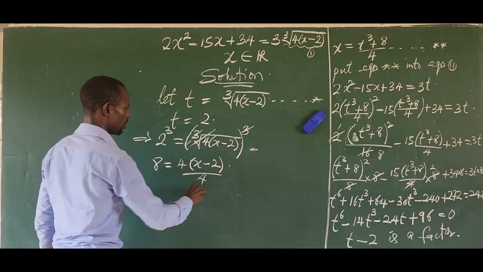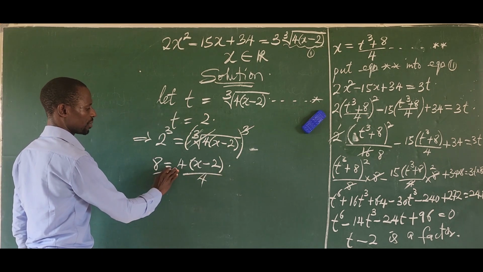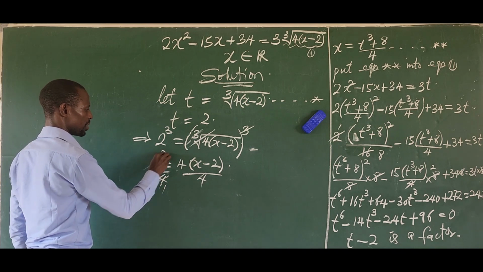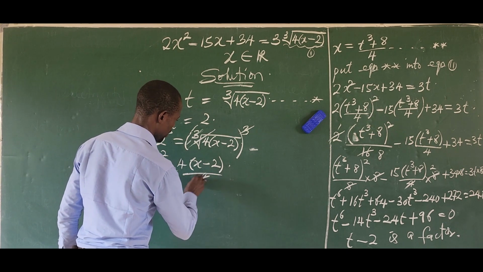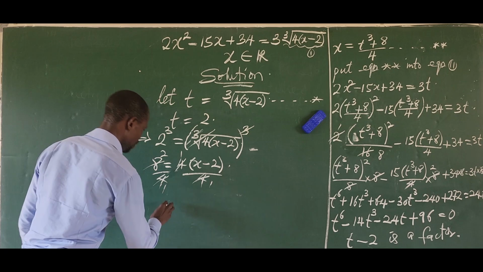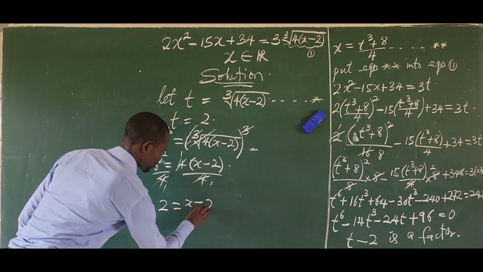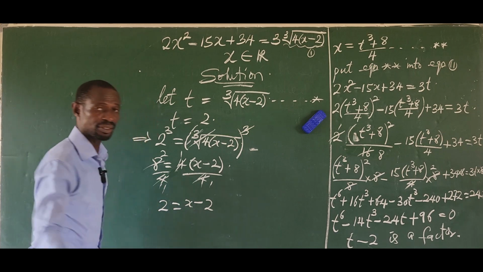Divide both sides by 4. So if we do this, 2 here, 4 here, 1, 4 here will give us 2. So 4 here, 1, 4 here, we have 1. So we're going to have 2 is equal to x minus 2. Move this 2 to this side to give us plus.